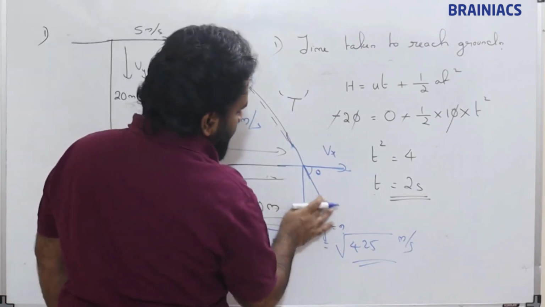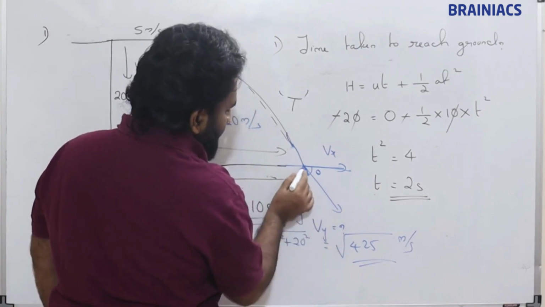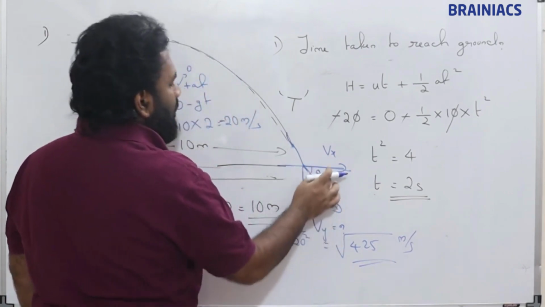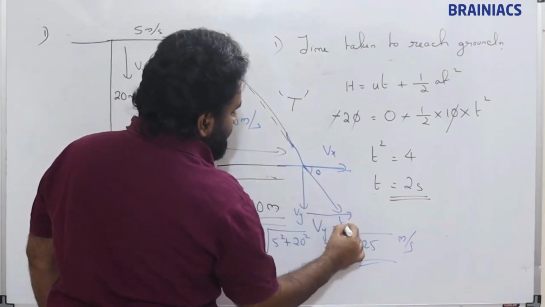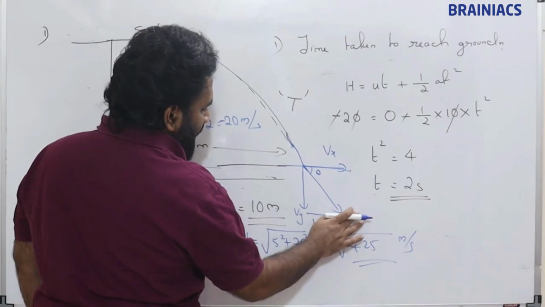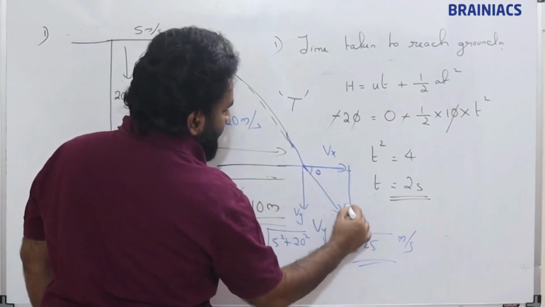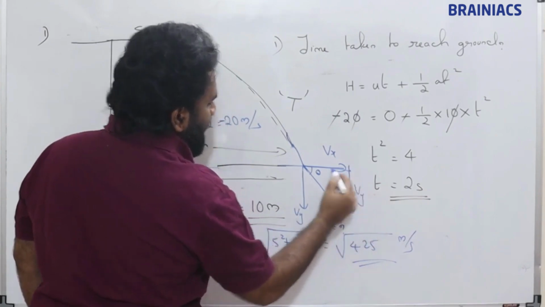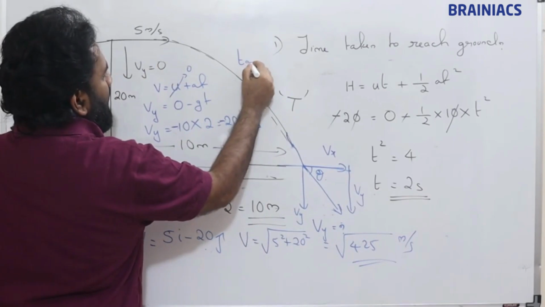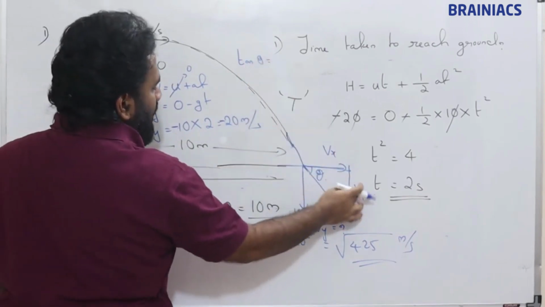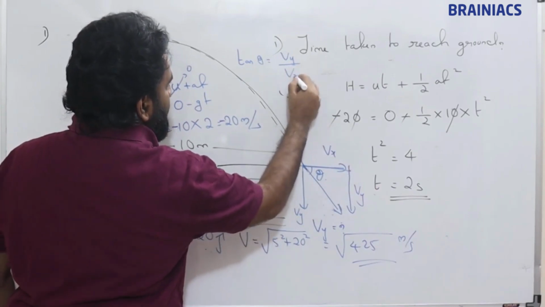So if you need to find the angle with respect to vertical, this Vy we can replace here. If this is theta, tan theta is equal to the opposite side Vy divided by Vx.